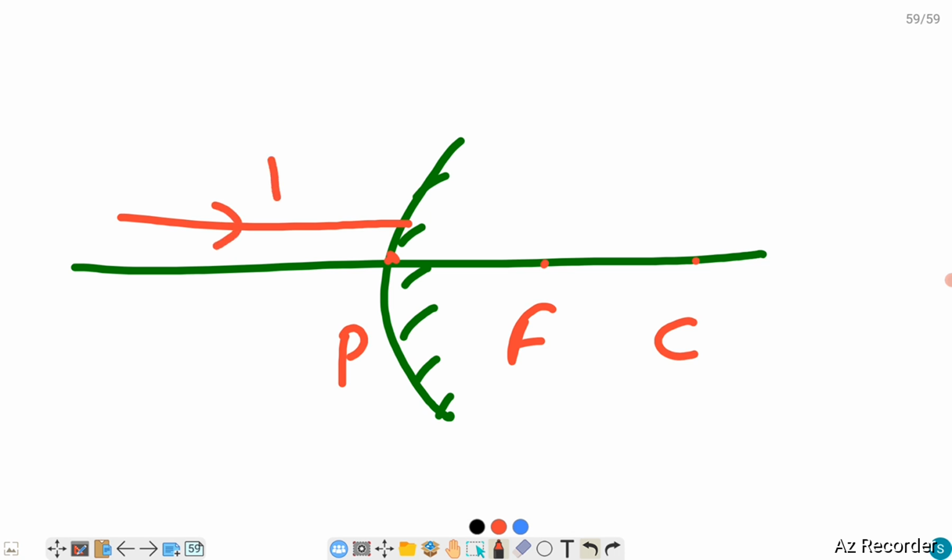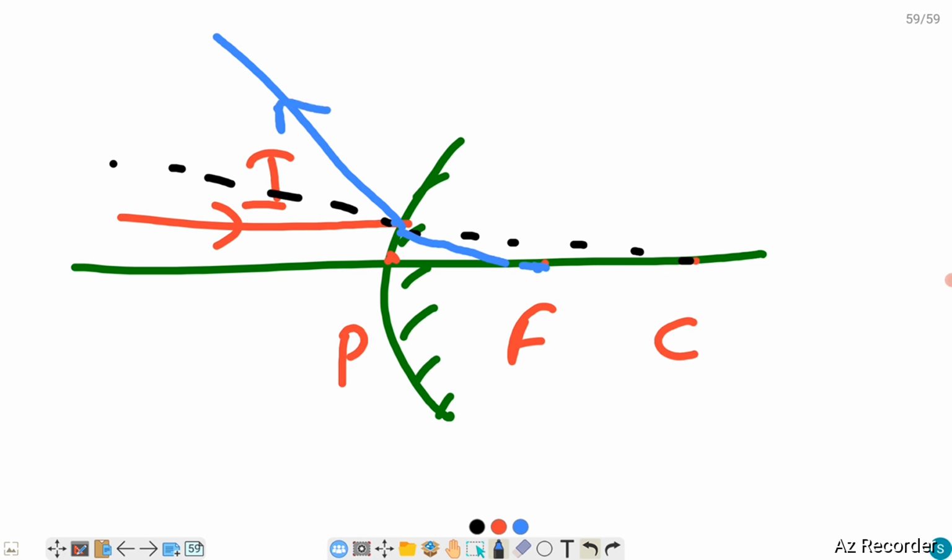Incident ray parallel to the principal axis, I. Now draw the normal here. Correct. Now what is the reflected ray? It will be like this. So join it behind the mirror. You will have a point. That point is the focus.